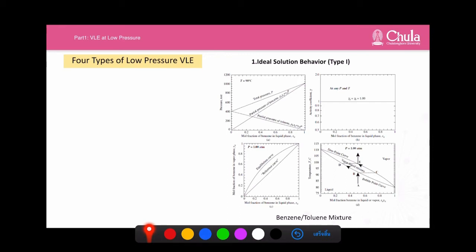Now we plot the relationship of mole fraction of benzene in the liquid phase and vapor phase with temperature. We obtain this relationship. The lower curve we call the bubble point curve, and the upper one is the dew point curve.